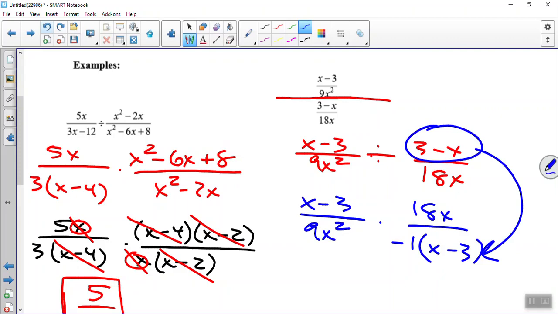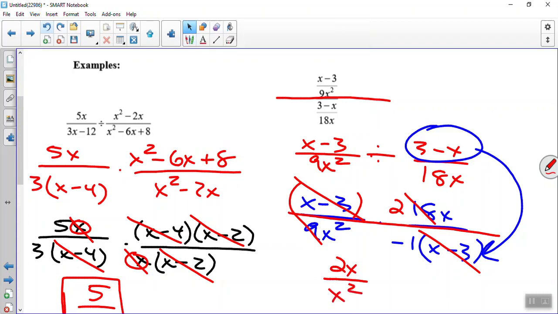And now I'm multiplying. All right, so again, you got one big fraction. X minus 3 cancels with x minus 3. 18 and 9, I'm left with 2 on top. So on top, I'm left with 2x over x squared.